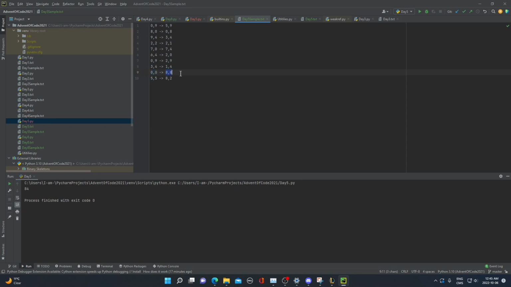See how it goes from 0, 0 to 8, 8. They're both a length of 8. 5, 5 to 8, 2. It's both a length of 3.